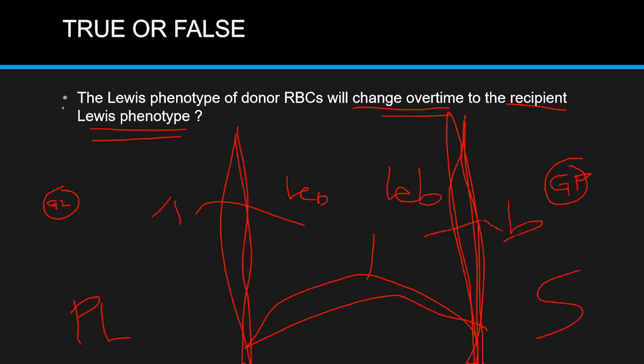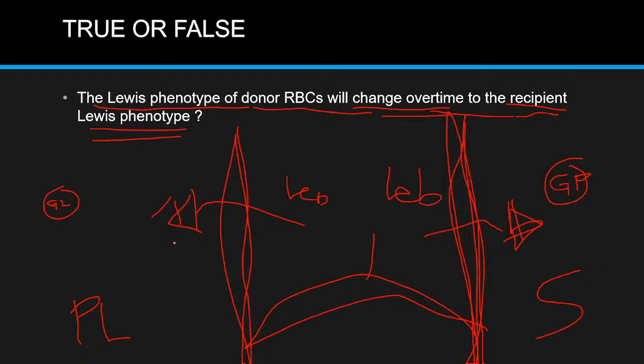Now, based on that particular example, how will you be able to answer this question? The clue is here again for you. It's another critical thinking question. The Lewis phenotype of a patient or your donor will change over time to the recipient's RBC.